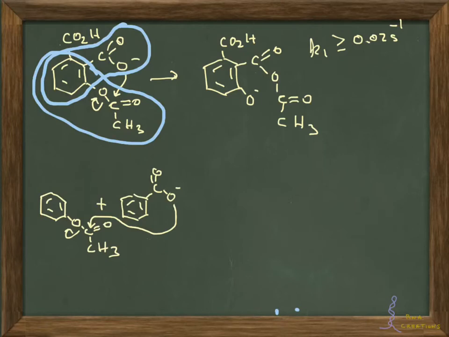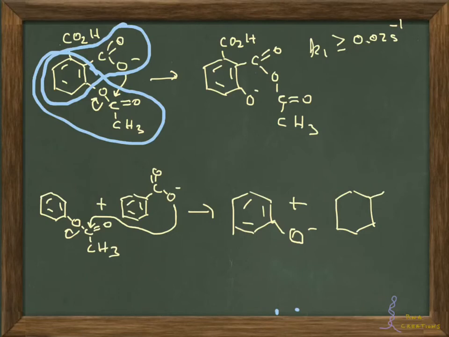But I'll write it out. The left one is going to look like this. It's just going to be a phenolate, and then the right one is going to look like this.